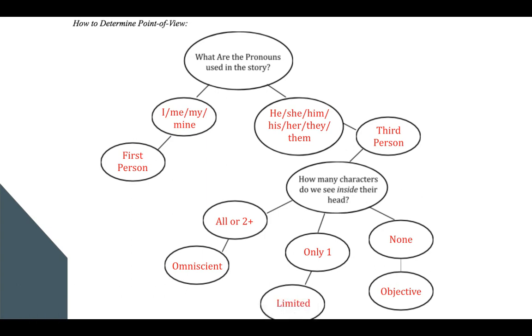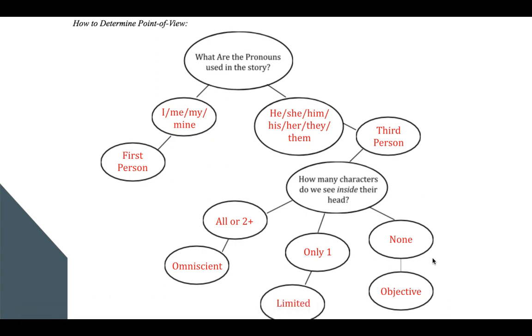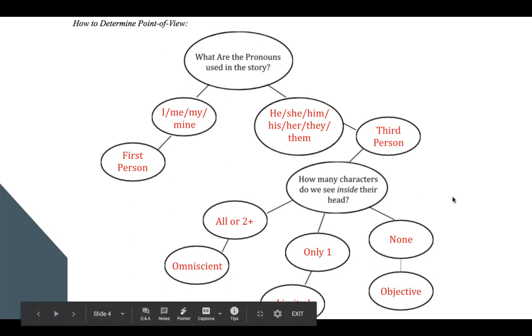If they only have insight into one character's head, but it's still told from an outside perspective, we call that third person limited. And the last one is third person objective. When the narrator doesn't actually know any of the thoughts or feelings of the characters, they're just telling it kind of like a news reporter, a very kind of unbiased, just objective, here's the facts, here's the information, here's the action, no thoughts and feelings. That's third person objective point of view.